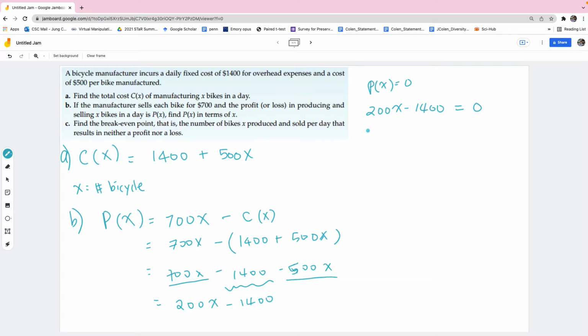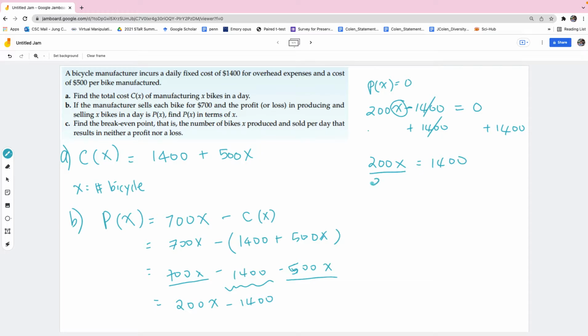Okay, so how do we solve it? We want to solve for x, the number of bicycles, but it is subtracted by 1400, so we can add 1400 on both sides. So minus 1400 plus 1400 is 0, and you still have 200x. On the right hand side, 0 plus 1400, 1400.